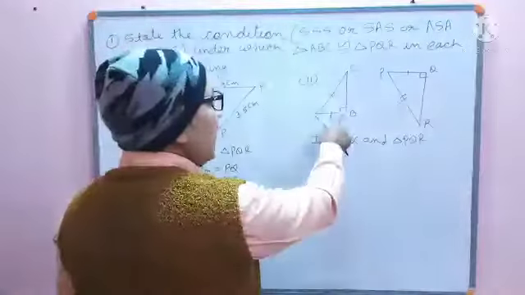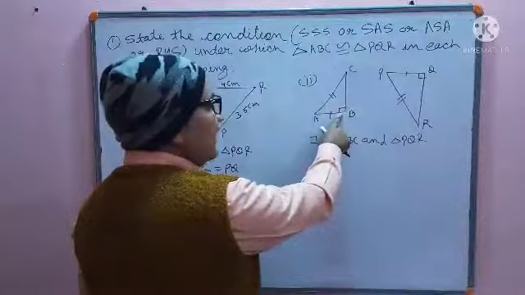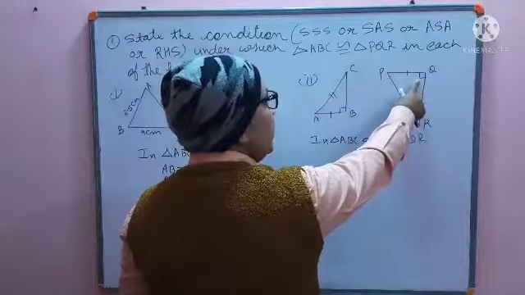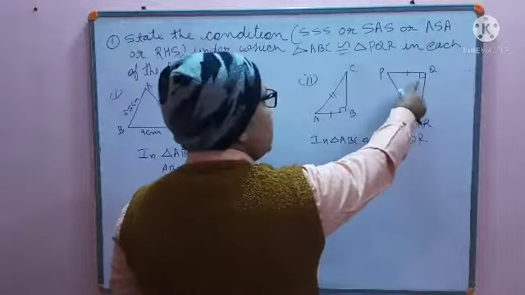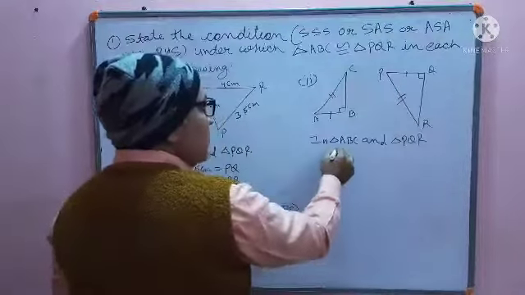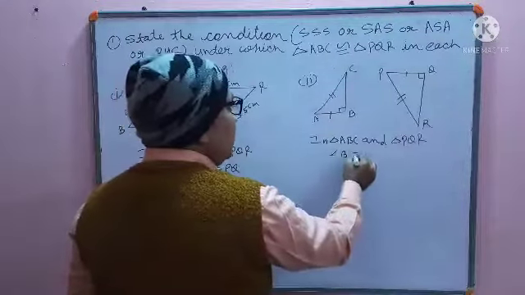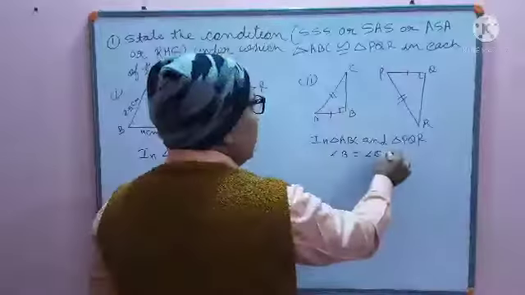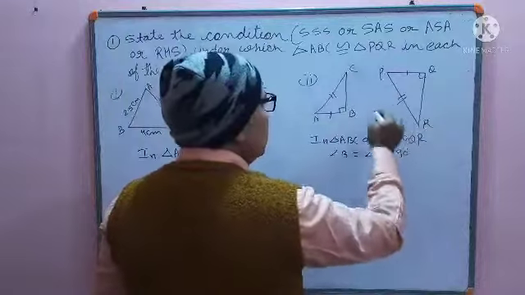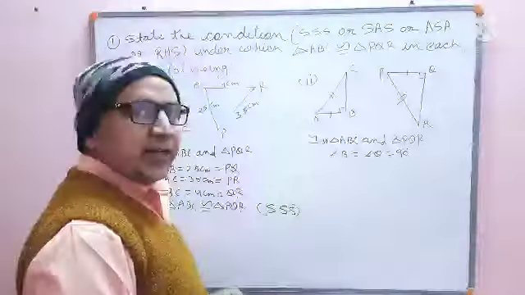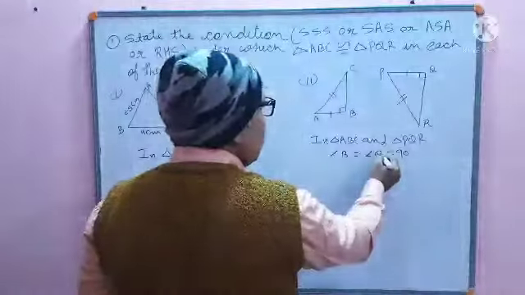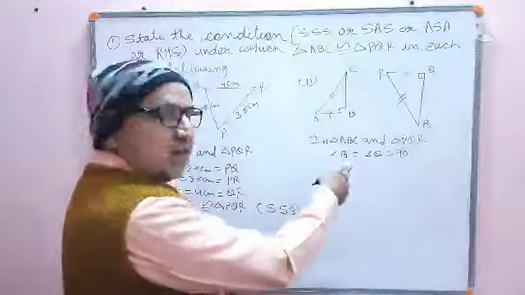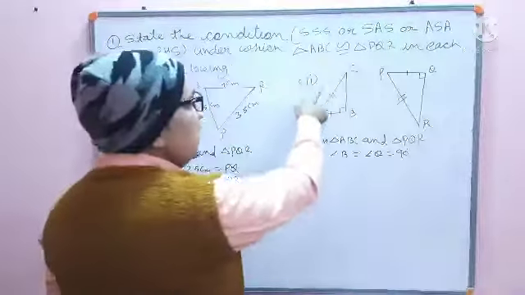In this triangle angle B is 90 degree and in this triangle angle Q is 90 degree. Yes children, this is the symbol of 90 degree. So angle B of triangle ABC and angle Q of triangle PQR, both are 90 degree. These are right angles. Now check the hypotenuse.